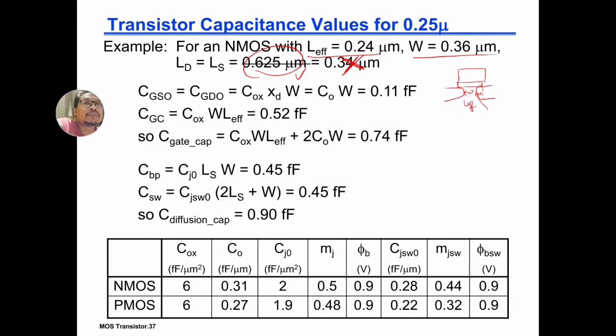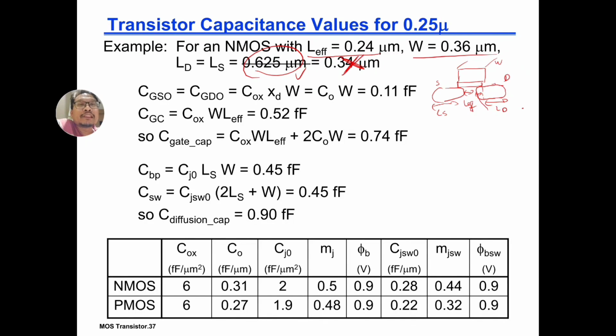It doesn't give you the overlap length, but it gives you your W, and it gives you LD and LS. Remember, LD and LS is the length of your diffusion area. Let's say this is source and drain, so this is LS, LD, something like this.